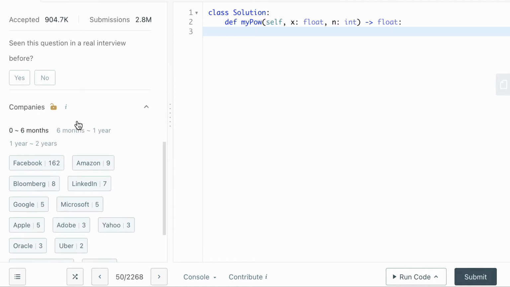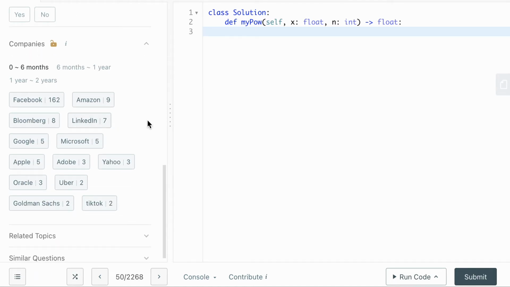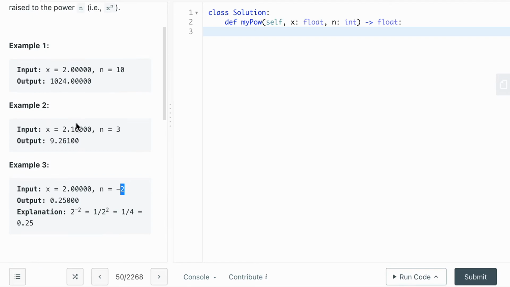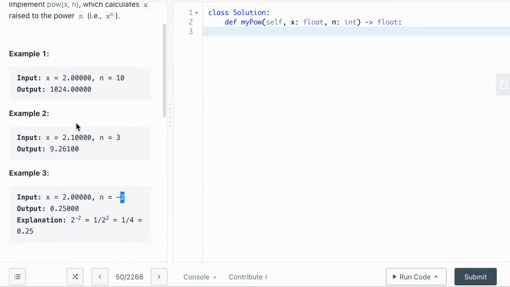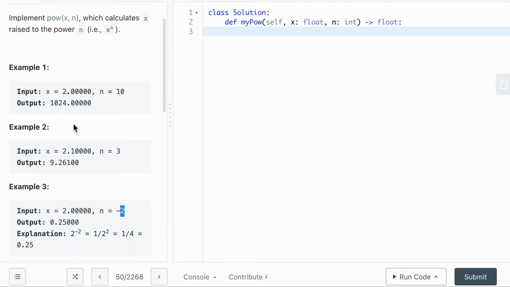And here are some constraints, and you can take a look at the companies that asked this question for the last 6 months. Facebook asked 162 times. And you're not going to be able to solve this problem by using the Python built-in function pow, or they probably wouldn't want you to just return x to the power of n.